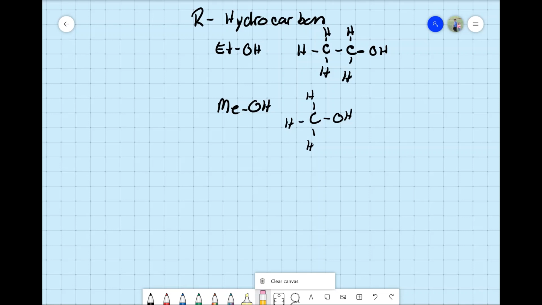And one thing I'll talk about, so we have ethanol, is how these things are drawn. And ethanol can also be drawn this way.